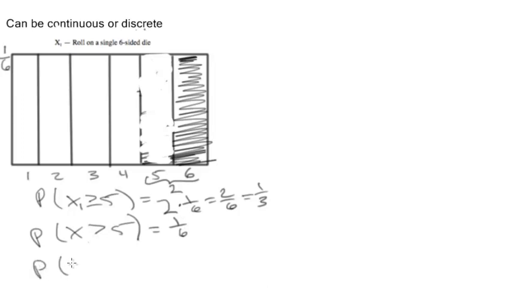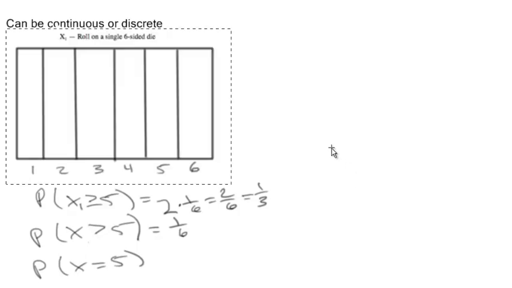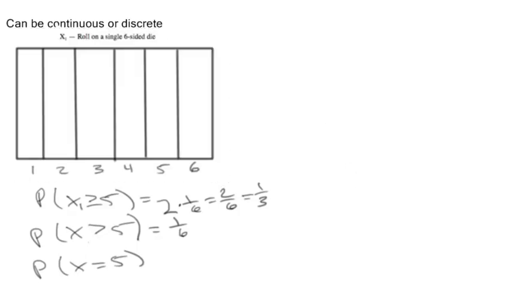So how's about what's the probability that x is exactly equal to 5? I'm going to clean out the graph to figure this one out. Sorry about that. I forgot to put in the nice clean graph that I was promising you. So now we're talking about what's the probability that x is equal to 5.